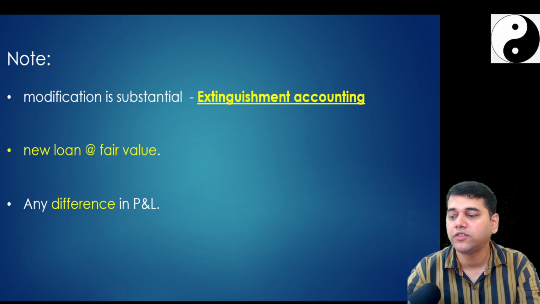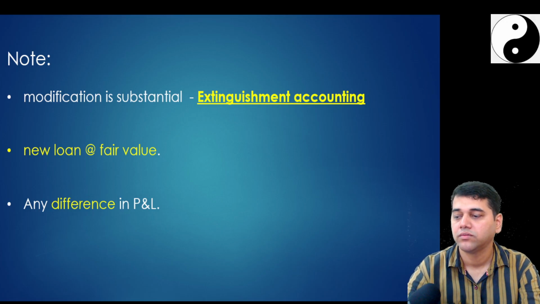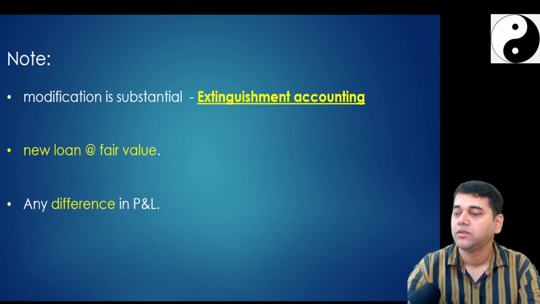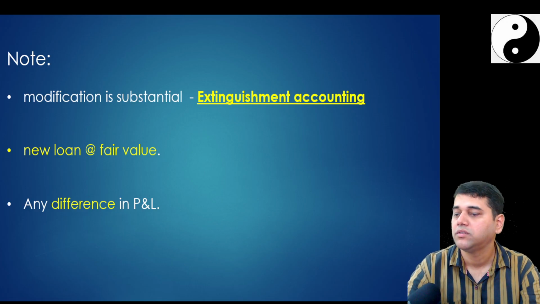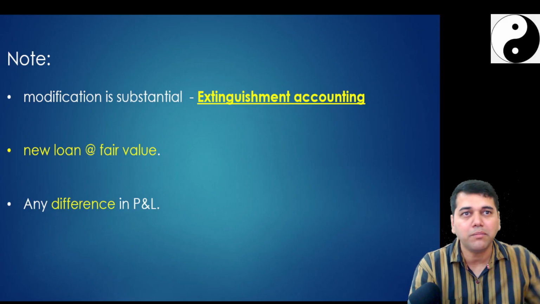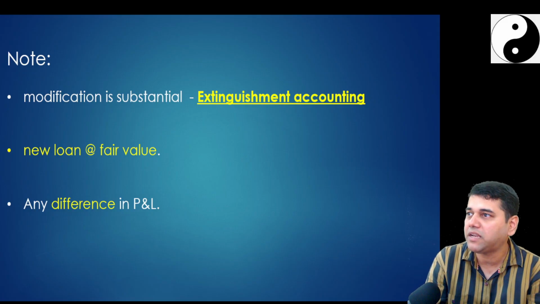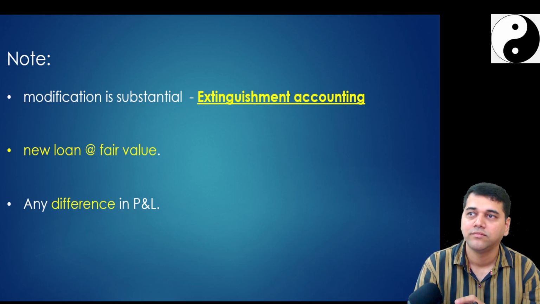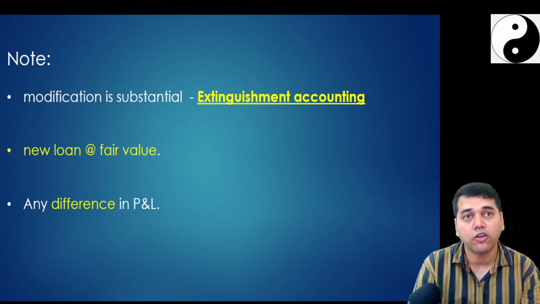Now what is the fair value of the new loan? 40 only. 15% they have told you is the market rate. That means whatever outstanding balance was there, that itself is your fair value. Is there a gain or loss on modification? No transaction cost.